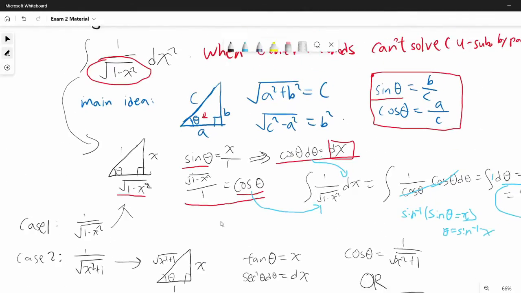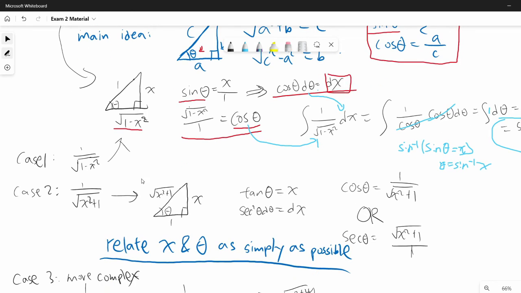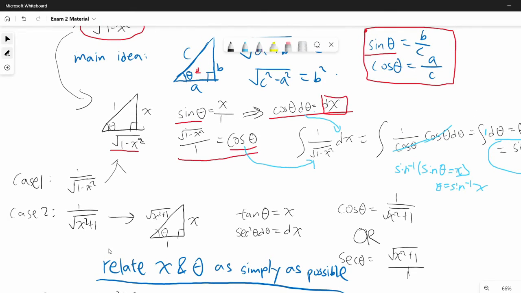So that's case 1. Case 1 will have, in the square root, a perfect square minus another perfect square: 1 is a perfect square, and x squared is a perfect square. In the other case, we have a perfect square plus a perfect square in the square root.